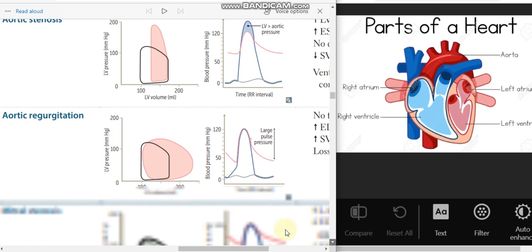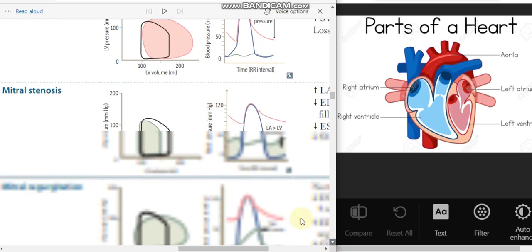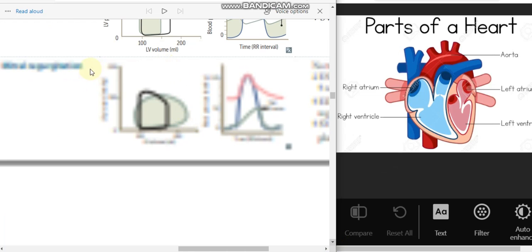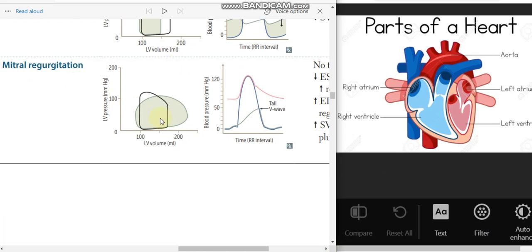Then we have aortic regurgitation, the volume overload increase graph. Then we have mitral stenosis, shift to left. Then we have mitral regurgitation, shift to right, like a kind of oval graph. Okay, just to remember.